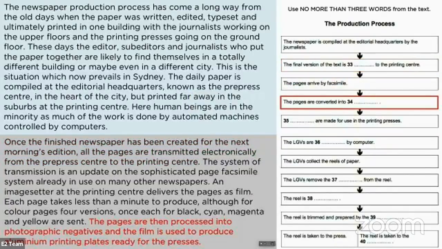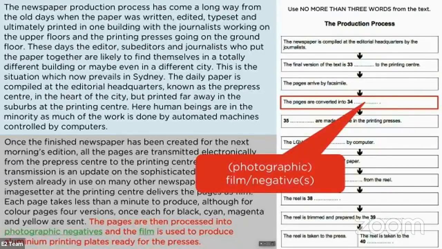Let's do 34. The pages are converted into... The answer here, well, there's a few answers. You could have written photographic film.